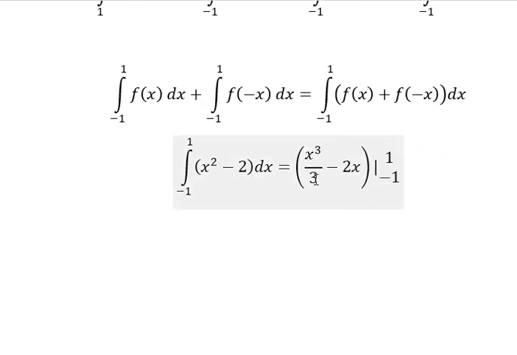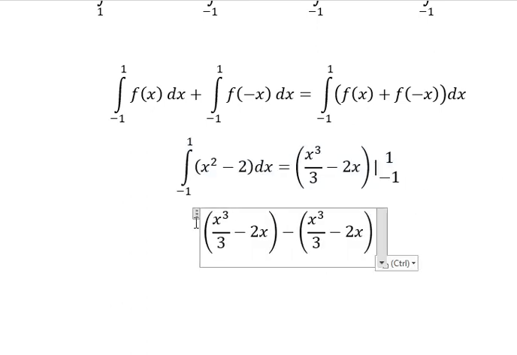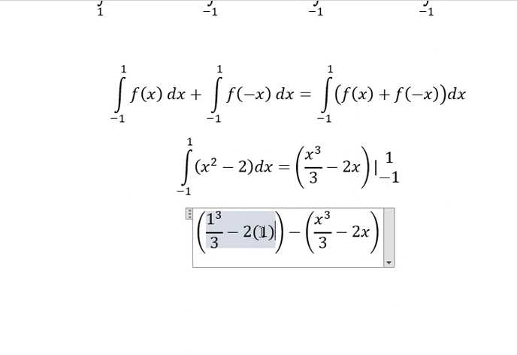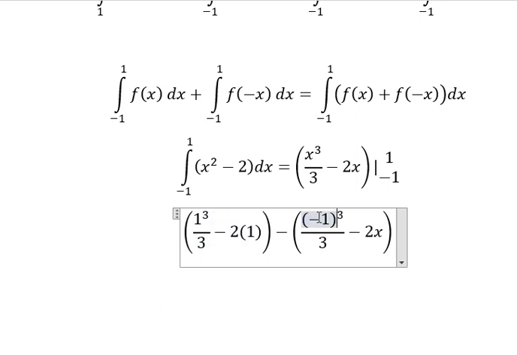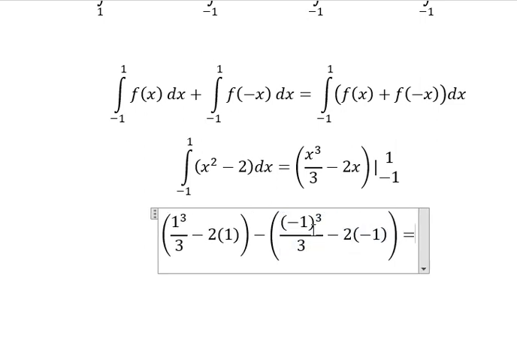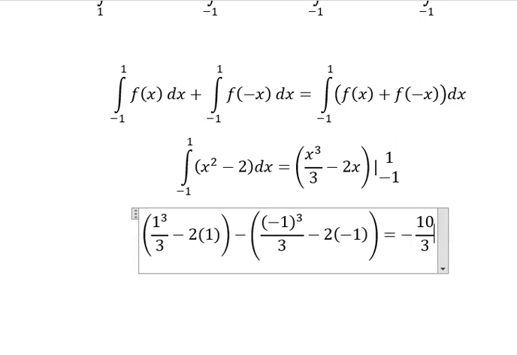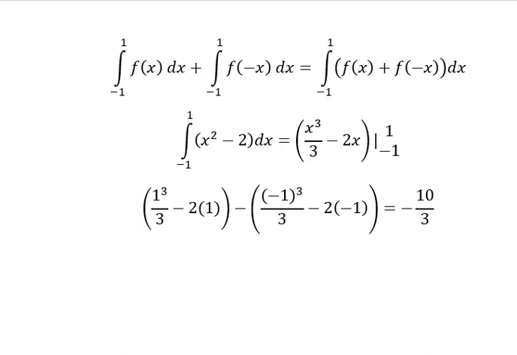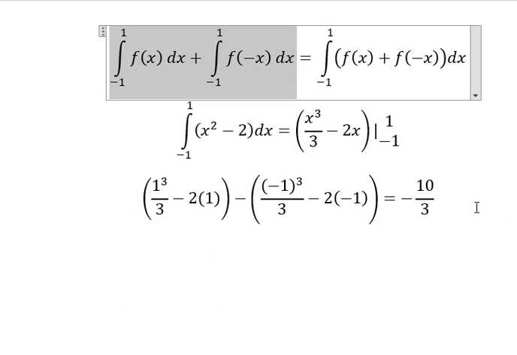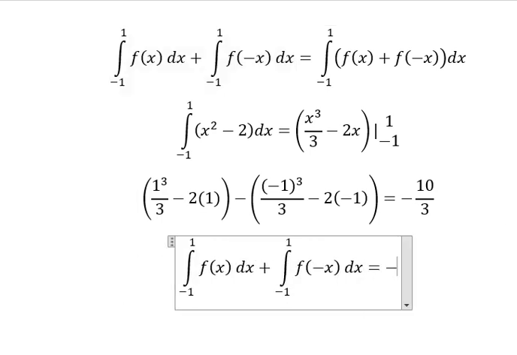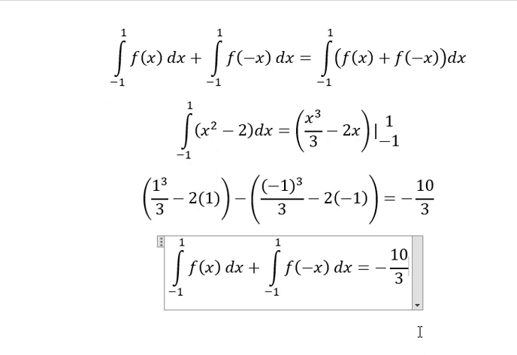Negative 1 goes here. We calculate this one, and you get negative 10 over 3. So we know that this one is equal to negative 10 over 3.